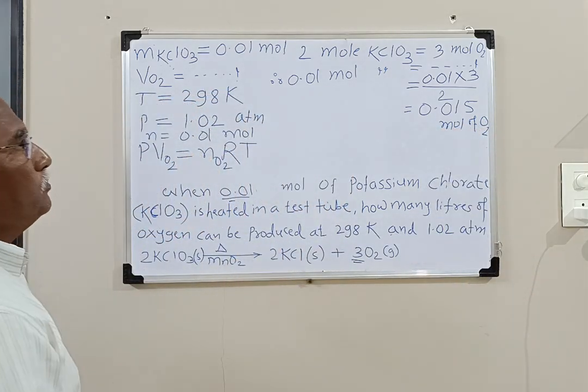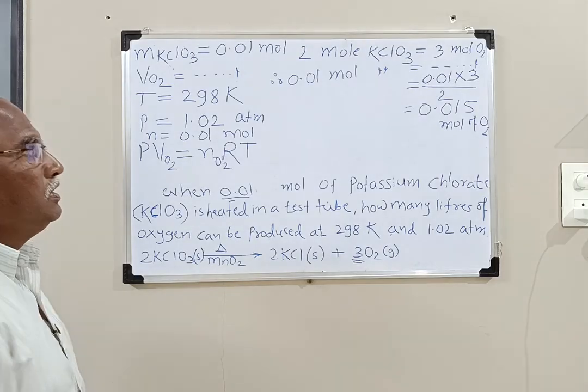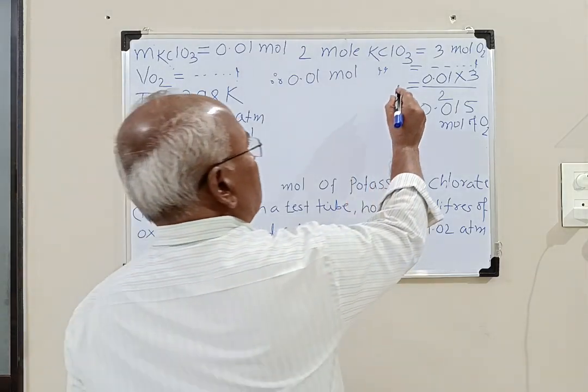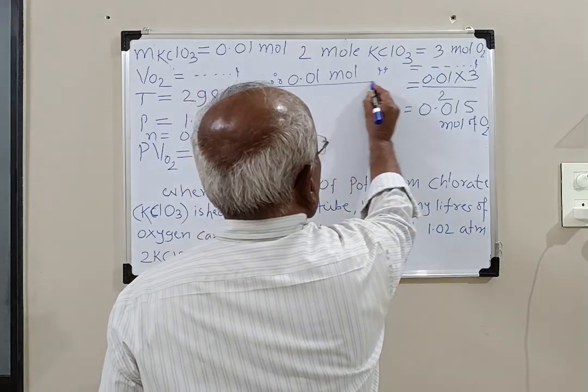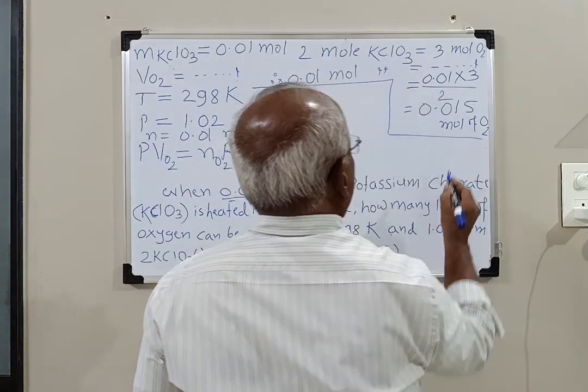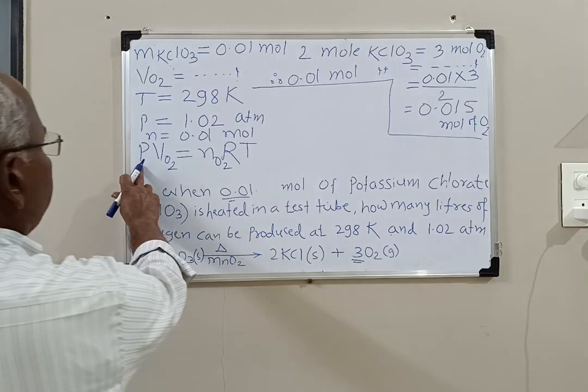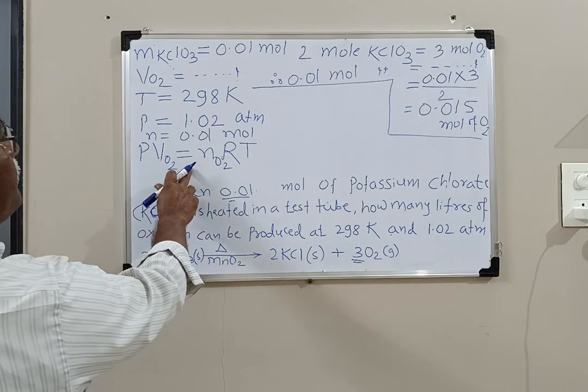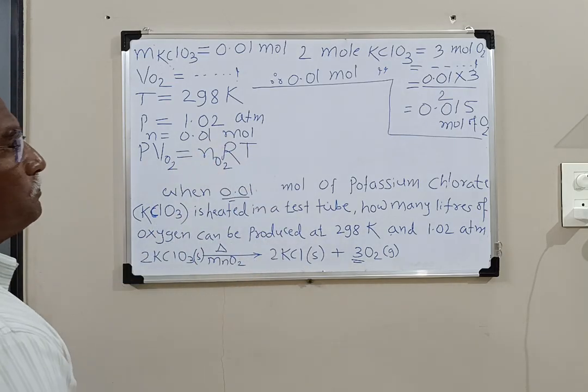So n we have calculated here. Now I am going to use the relation PV is equal to nRT.